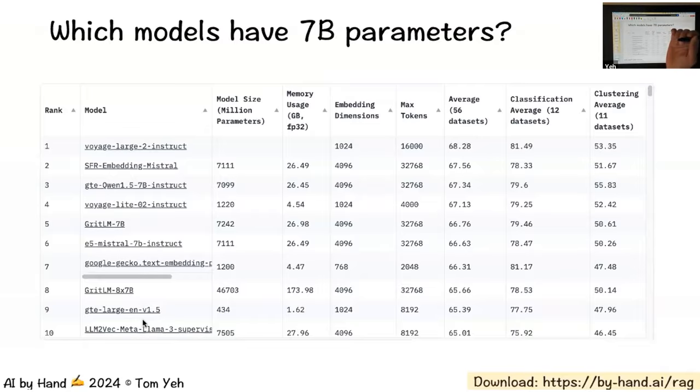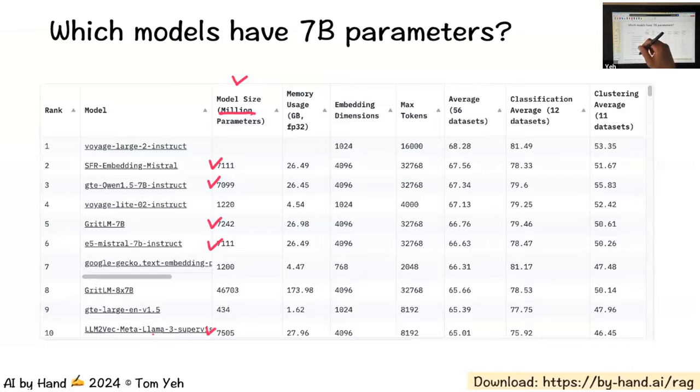For instance, I would like to look at maybe 7 billion. I've been hearing people use 7 billion parameter models. So you go to this column to find which models have 7 billion parameters. The unit is million, so this is 7B, this is 7B, and then another 7B down here.